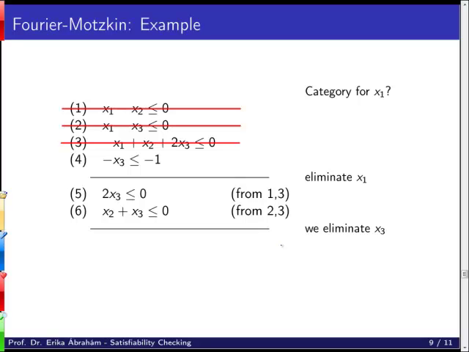Yeah, not only less, but the main point is, what would be the condition for eliminating x2? Yeah, we do not need to add any conditions because it doesn't have a lower bound.